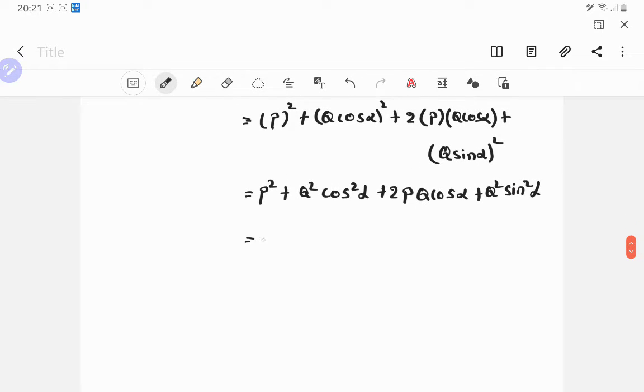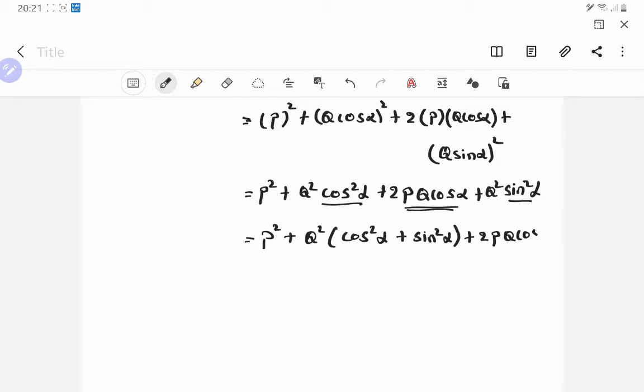Now P square plus, if I take Q square as common, the term remaining here is cos square alpha and here the term remaining is sin square alpha, plus the remaining term 2PQ cos alpha.